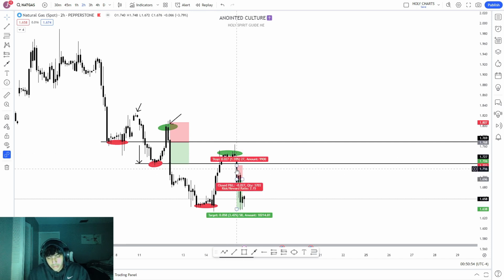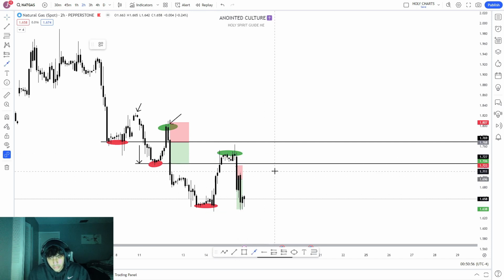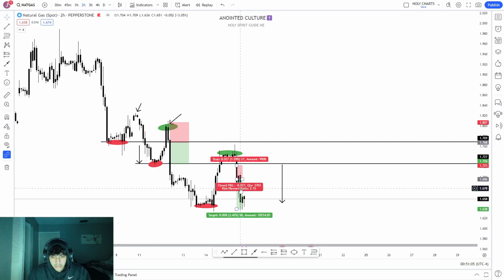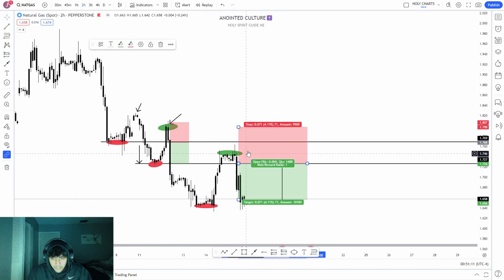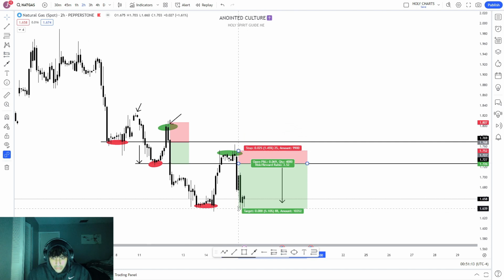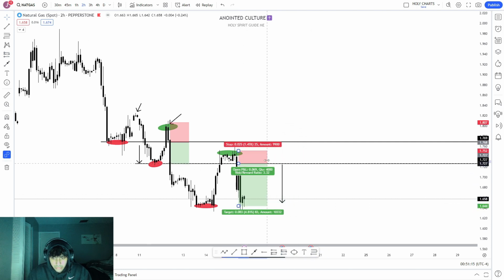Once we see the retest, we know under this zone right here, once it's under this zone, it's bearish. We know that we could just hop in sells, and it's exactly what I did here. This would have been a position if I would have seen it earlier, but this is exactly how I would have set it up. A 3 to 2, a 3 to 1.